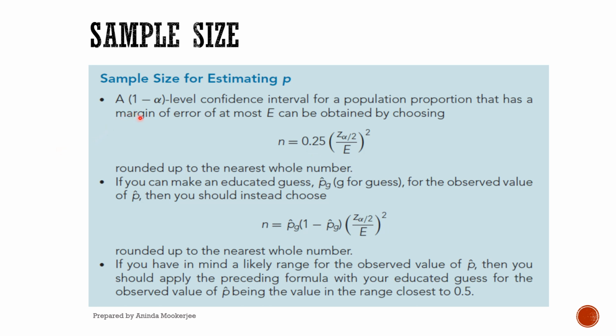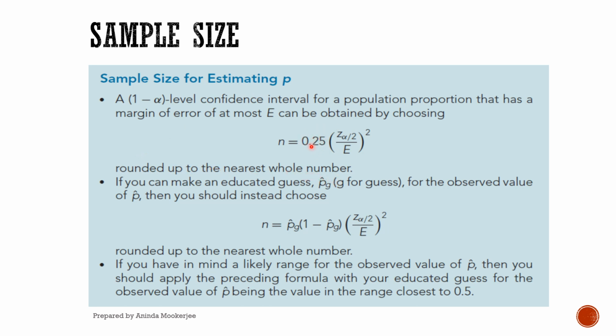The formula is a little bit different. It says here a 1 minus alpha level confidence interval for a population proportion that has a margin of error of at most E can be obtained by choosing N equals 0.25 times Z of alpha by 2 divided by E, whole squared, rounded up to the nearest whole number.